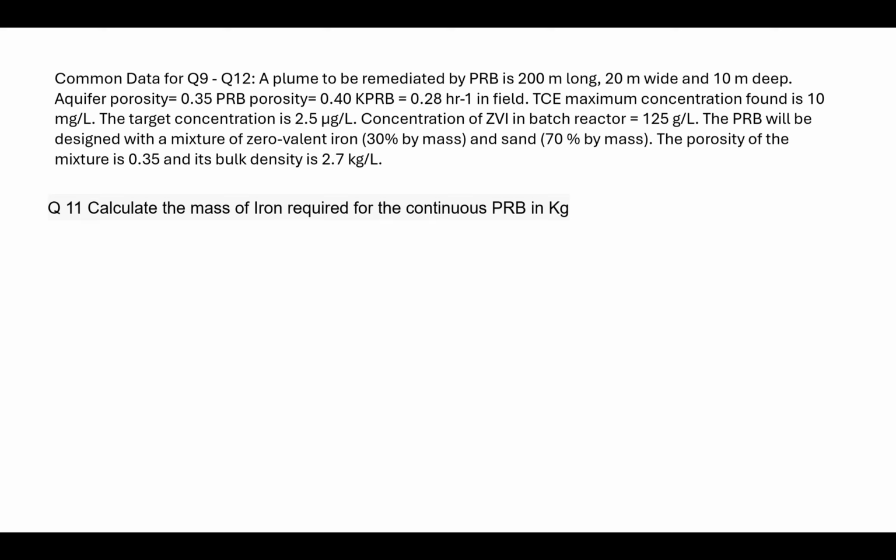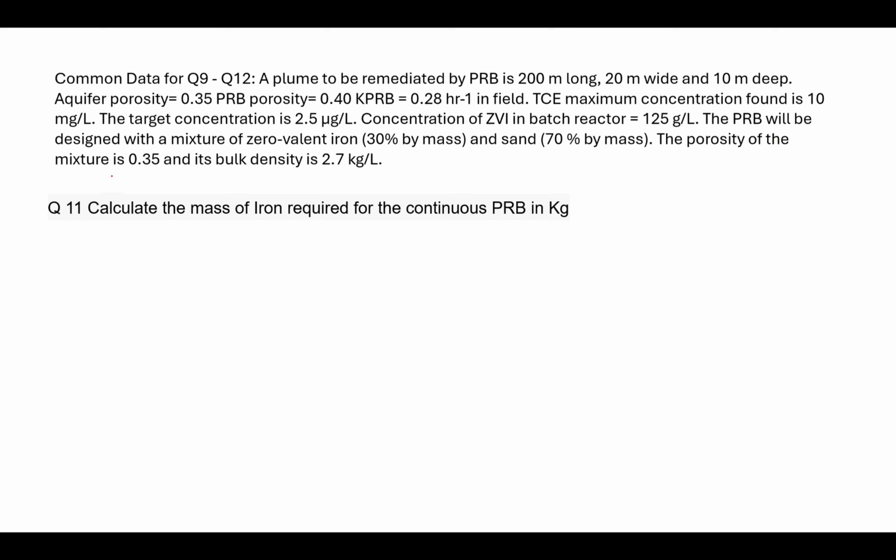The statement has been slightly modified: calculate the mass of iron required for the continuous PRB in kg. The PRB will be designed with a mixture of zero valent iron, which will be 30% by mass, and sand, which will be 70% by mass.